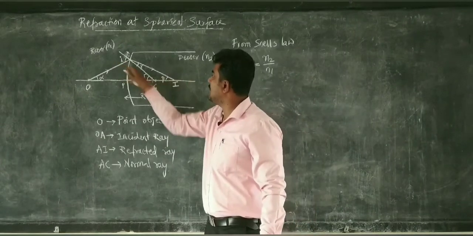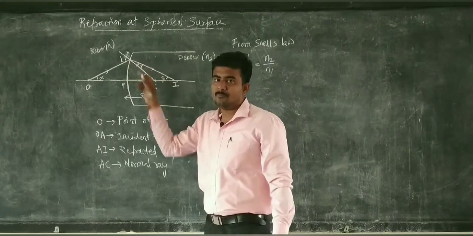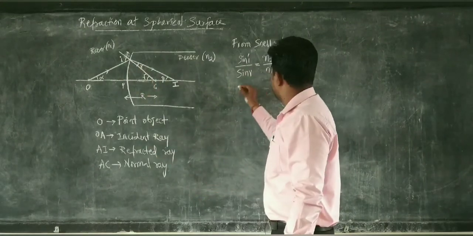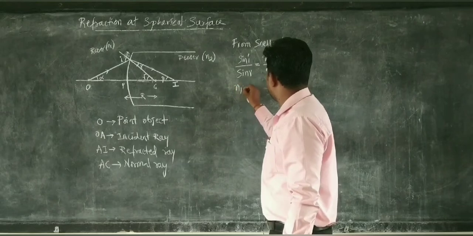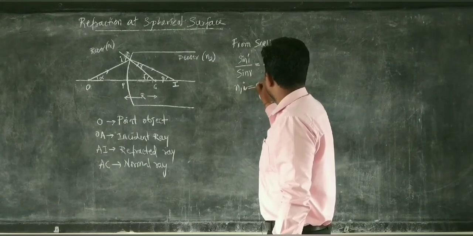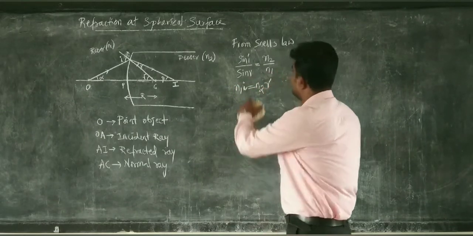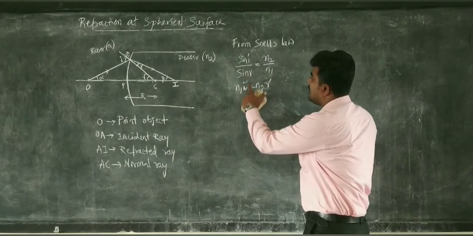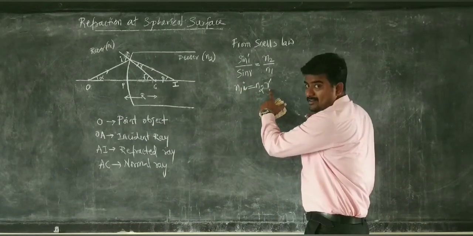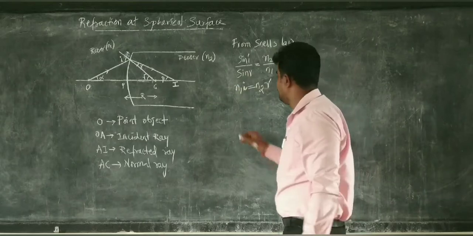The angle of incidence and angle of refraction are also very small angles, okay. For small angles we can take N1 i is equal to N2 r. Sine i I have considered as i, sine r I have taken only r because the angles are very small, okay.